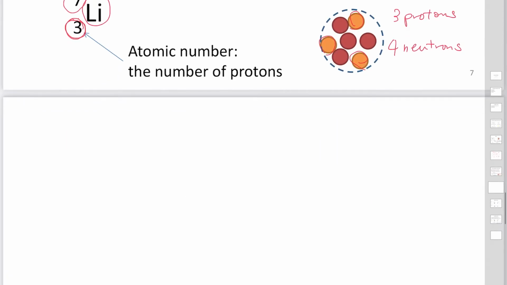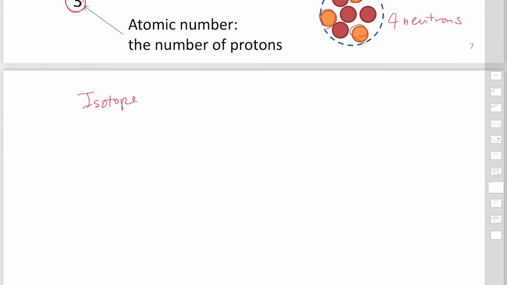I'd like to introduce the isotope. Some nuclei have the same atomic number but different neutron numbers. For example, lithium's 3 is the number of protons. Lithium always has 3 protons. But sometimes they have a different number of neutrons.